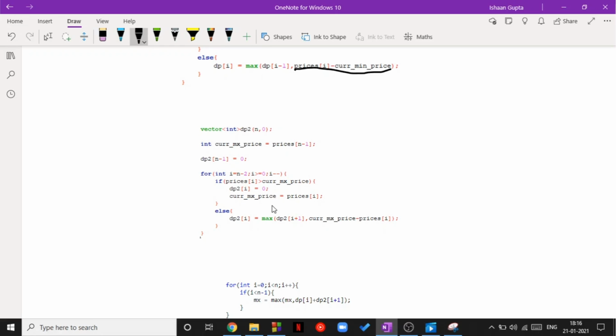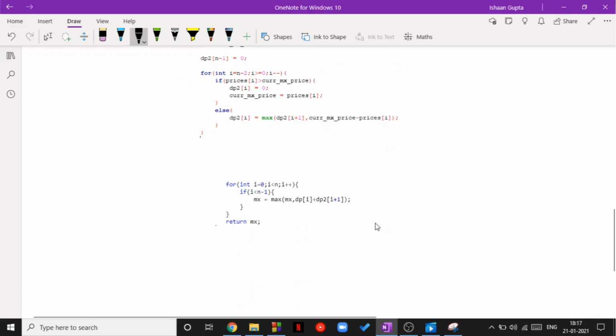If it is, then I will update the current maximum price, else I will take maximum of the previous value and the current profit I can make by starting from the ith day.